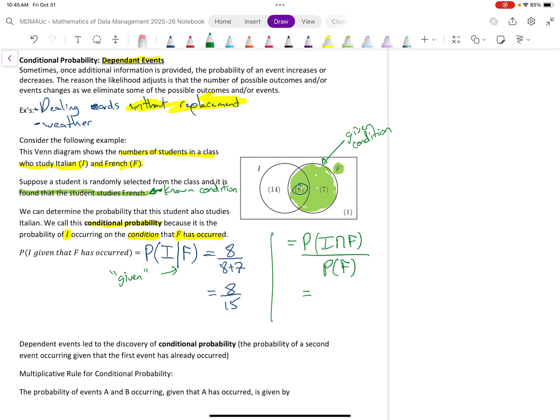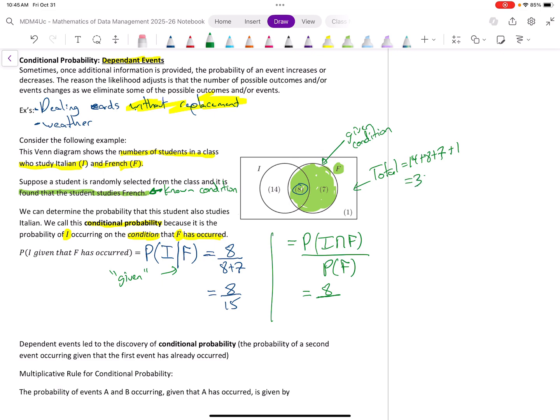So first I kind of need the total of everything, but the probability of I and F, so that's this 8 thing. But the probability should be out of the total number of people. And so for my total, I need to add up all of the numbers within my Venn diagram. So I've got 14 plus 8 plus 7. And then I also have this plus 1.